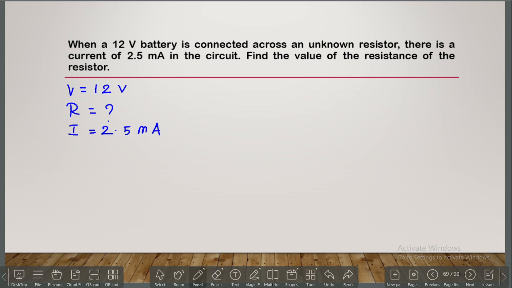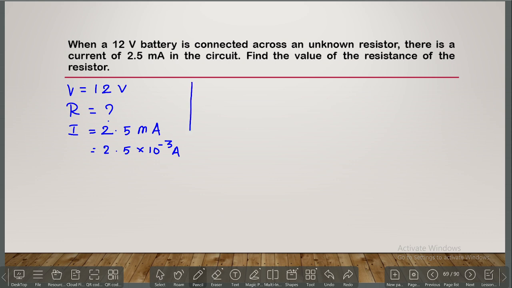So the first thing we need to do is convert this milliampere into ampere. In order to convert from milliampere to ampere, we multiply the given number by 10 to the power of minus 3 ampere.